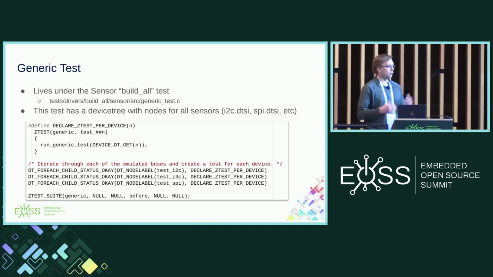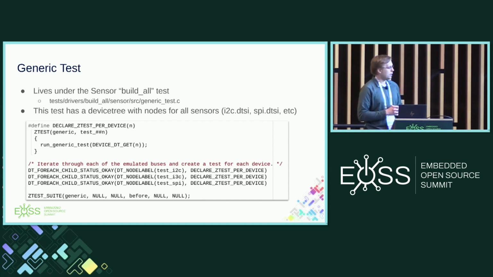The generic test is live today, as I mentioned, and it's part of the sensor build all test. So this is a particular unit test that lives inside Zephyr that has a device tree associated with it that lists all the different sensors that Zephyr supports, categorized by what type of bus they're on. And so this is a really convenient place to start because it is the expectation that any new sensor driver gets registered here already.